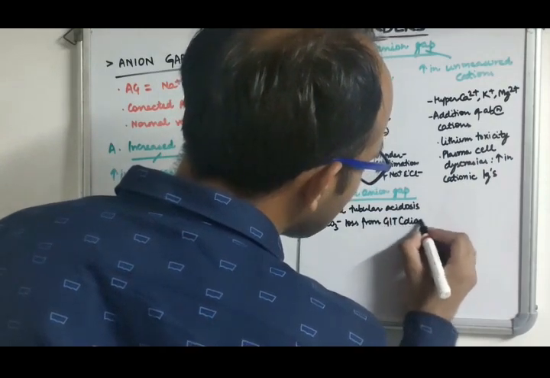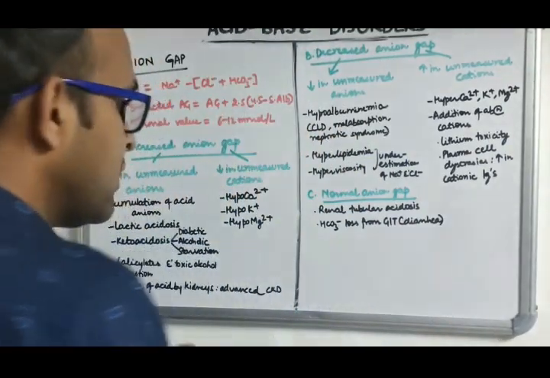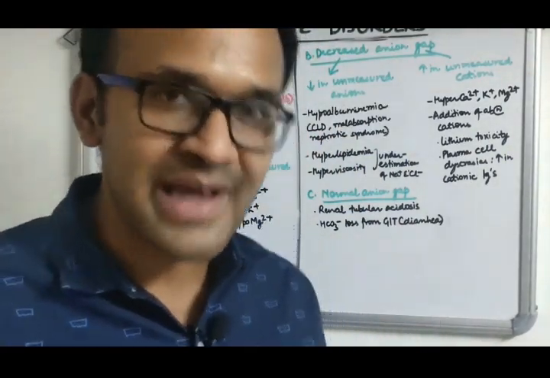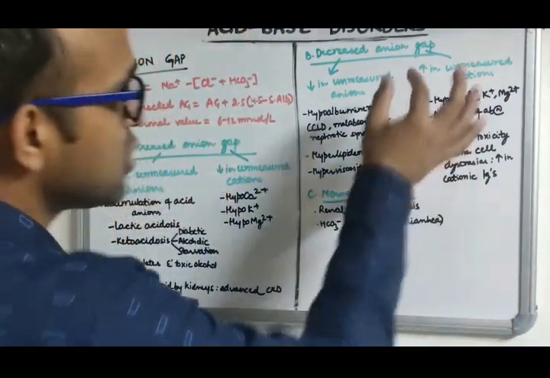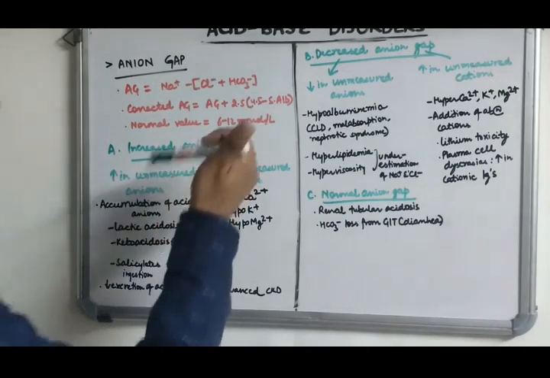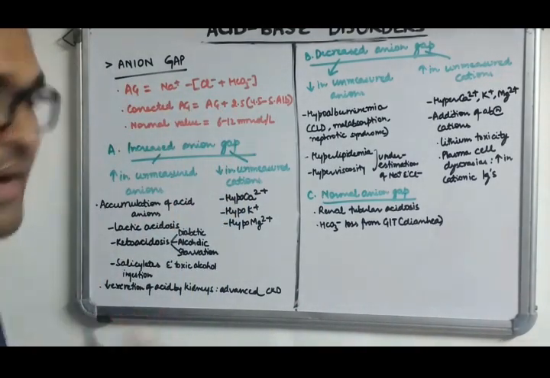Now, why does normal anion gap occur in these conditions? Because the loss of bicarbonate equals the rise in chloride. Okay, so if there is a decrease in bicarbonate, a similar degree of rise occurs in chloride. So overall, the anion gap is maintained.